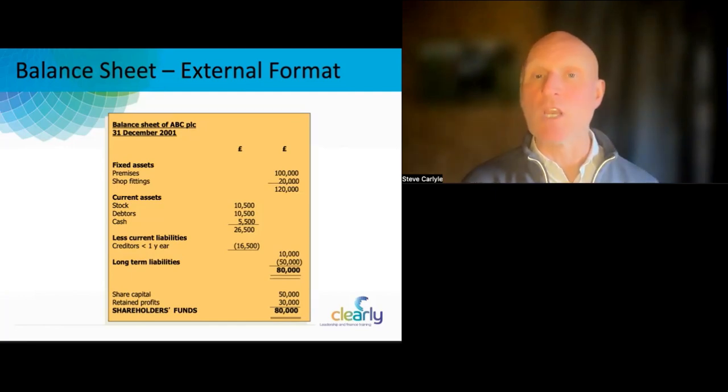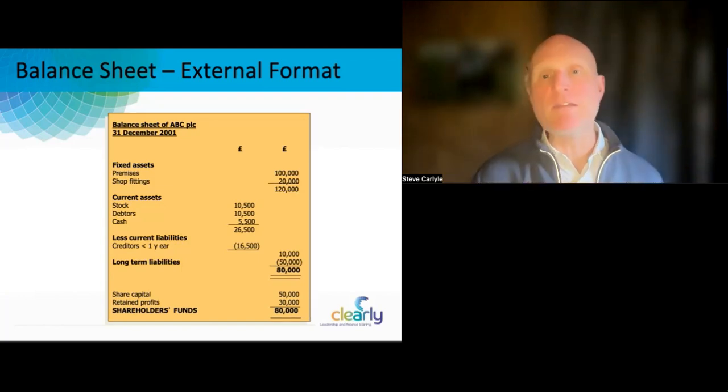And then I've got the long-term liabilities, and that gives me my net assets at the top. And then at the bottom, I've got the same net figure, and that's our shareholders' funds. Our shareholders have their original share capital they put in and the retained, the accumulated profit to date, and that balances to the net assets at the top.